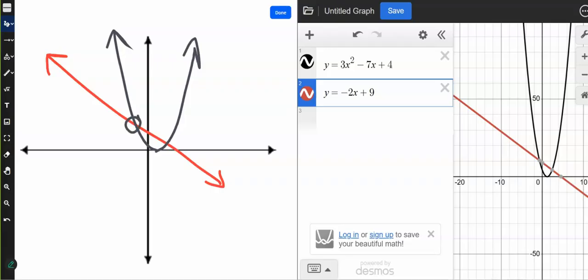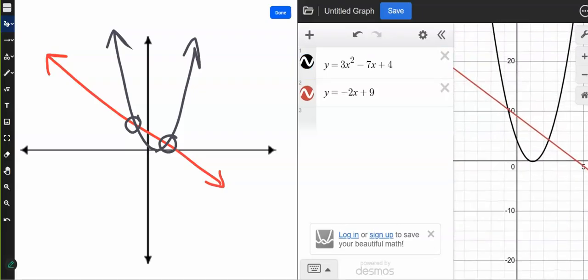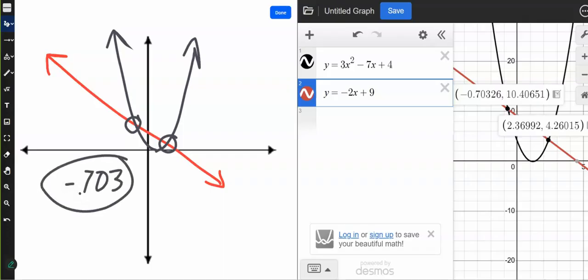So there's going to be two x values where it's crossing, and probably should zoom in so I don't make a mistake on that. So we got one x value there and one x value there. So it looks like one of my answers is negative 0.703, and the other one is 2.4, no, 2.370.